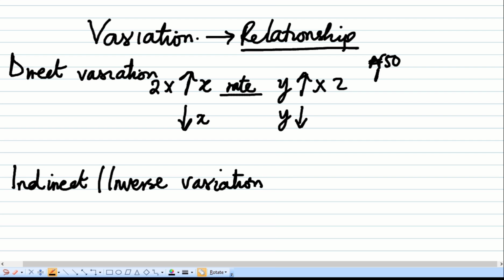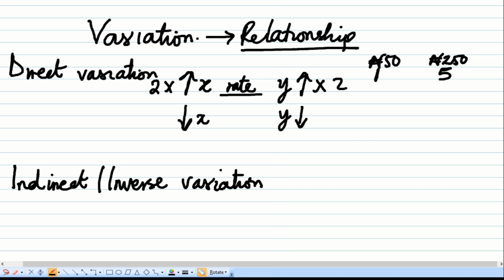You discover that as the quantity of the biscuits increases to 5, the price will also increase to 250. So this is what I mean by direct variation. Two quantities increasing by equal amount or decreasing by equal amount. So if the quantity reduces to 1, the price reduces from 250 back to 50 naira.